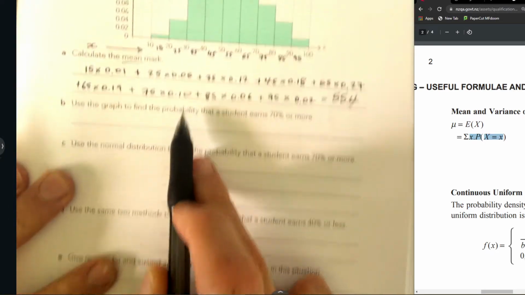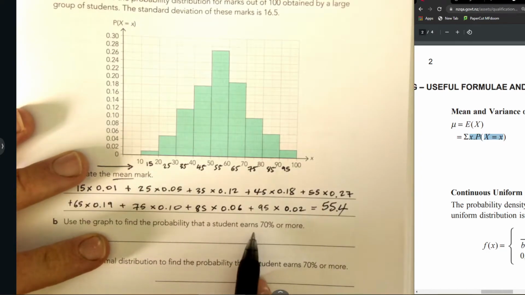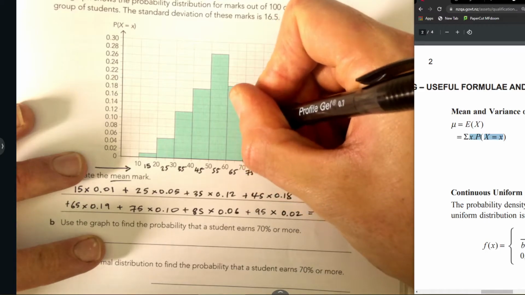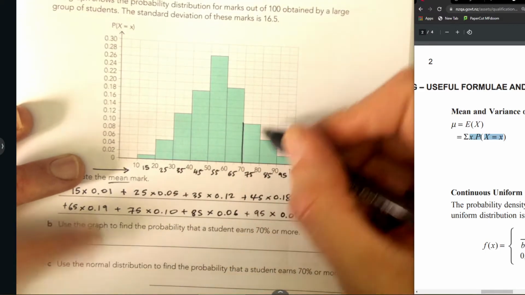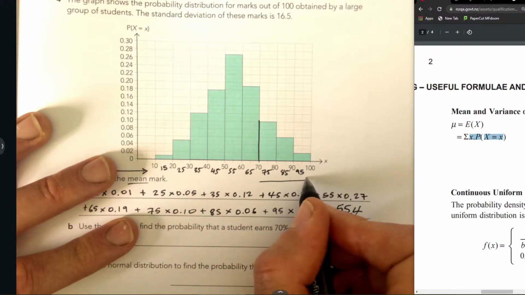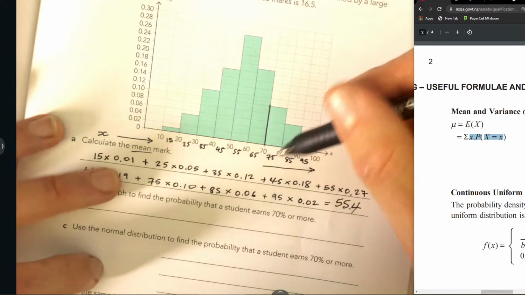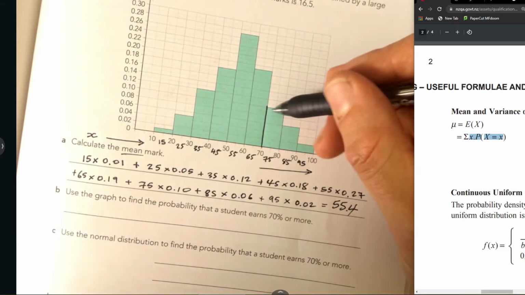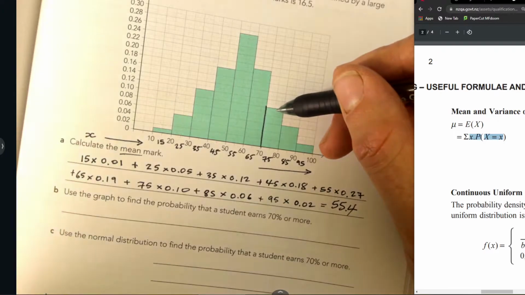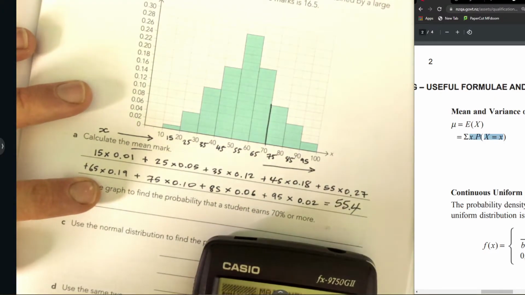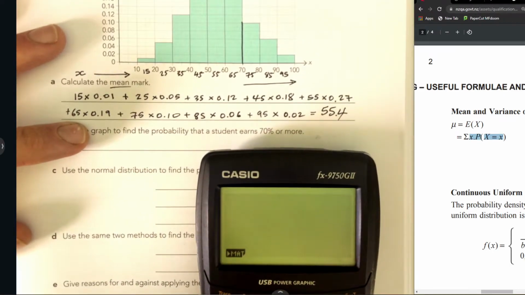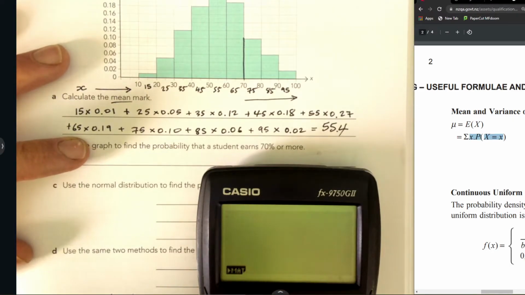Use the graph to find the probability that a student earns 70% or more. So what we do is highlight this. All we care about is here onwards. So we can add up all of these probabilities. Let's just get the last three probabilities.